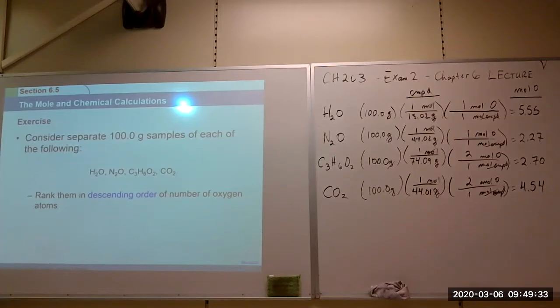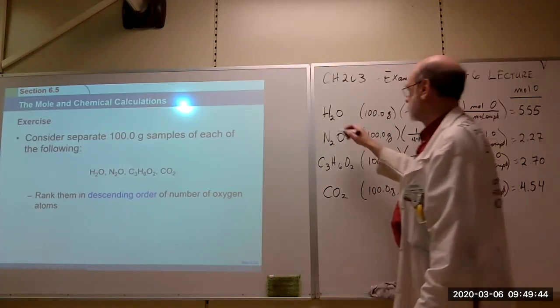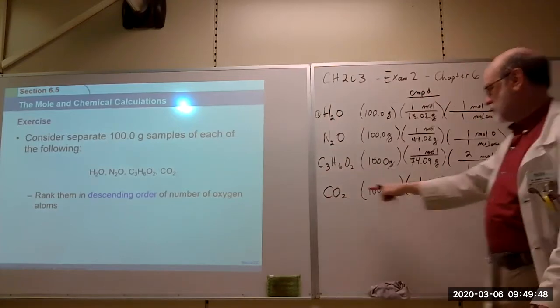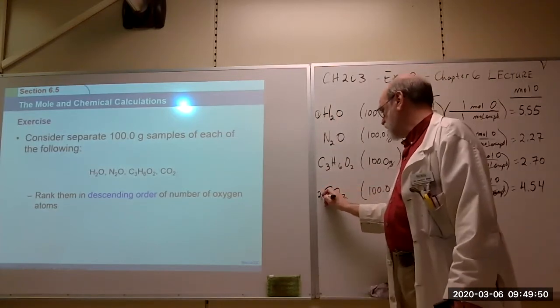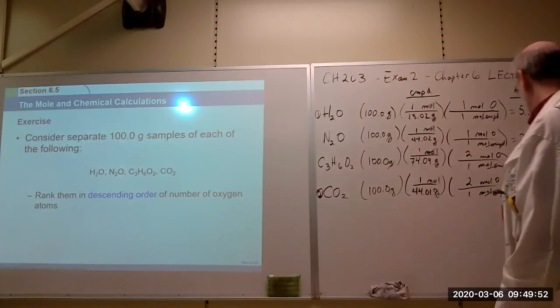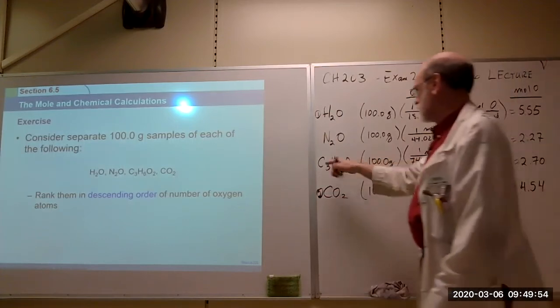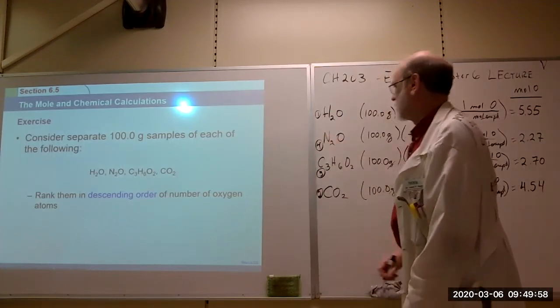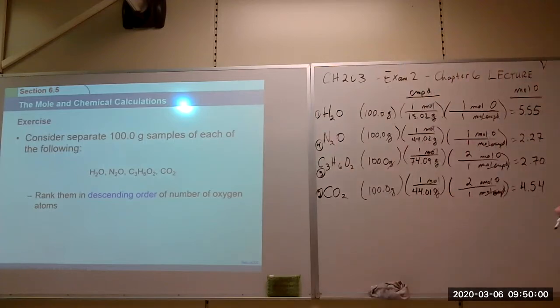Okay, so if we put them in descending order from the greatest to the least, the greatest is which one? That one. So water's number 1. Second one, carbon dioxide. Third one, propionic acid. And last, there. Okay.